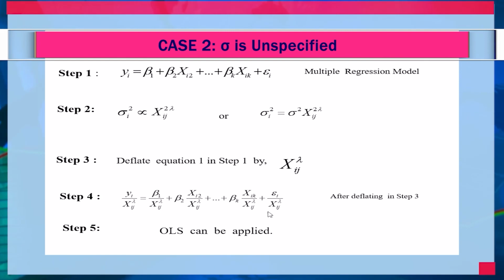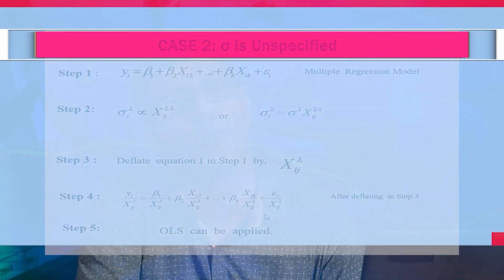And thereby we can apply the OLS, provided the last term gives us a constant variance. So in these two cases we observe that depending upon the nature of the problem, the rectification can be done, but here we can apply the GLS provided that the weights are taken up, and thereby we can go for the ordinary method.